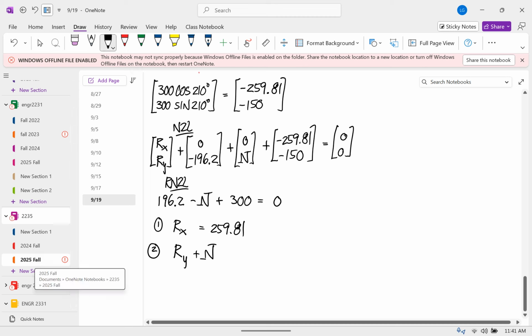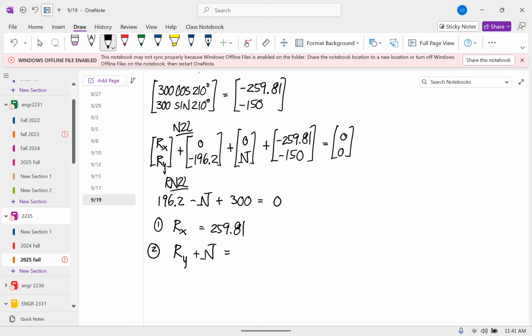So Ry plus N is equal to 346.2. And then the third one says N is equal to 496.2.